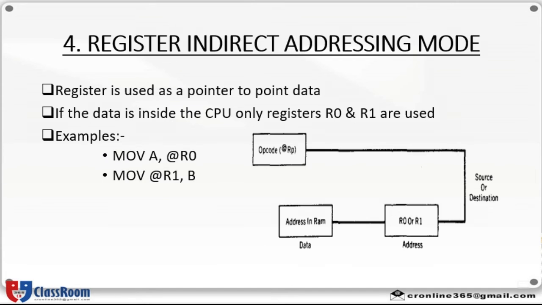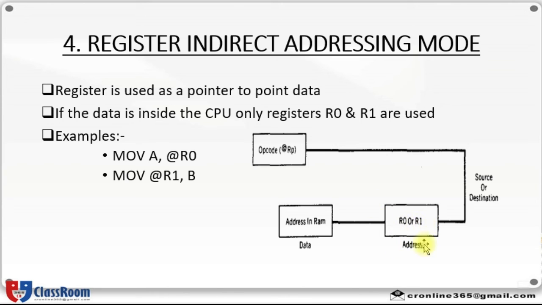Now we will move on to register indirect addressing mode. What is meant by register indirect addressing mode? In register indirect addressing mode, a register will be used as a pointer to the data. That means we are using two registers for this purpose, R0 or R1.